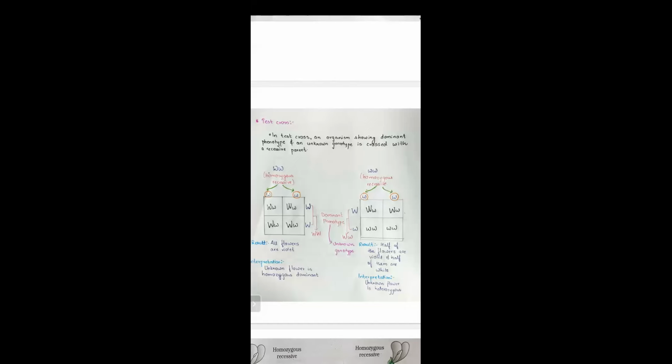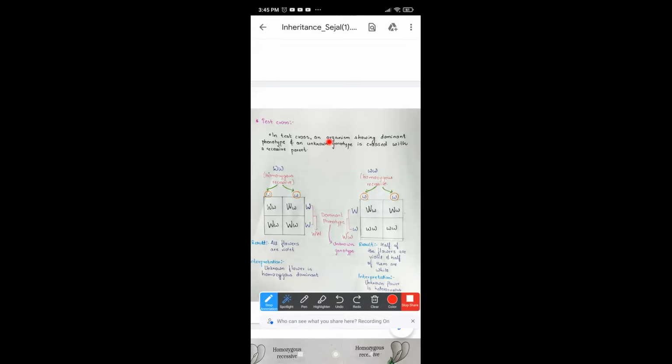Now we'll see test cross. In a test cross, an organism showing the dominant phenotype of an unknown genotype is crossed with a recessive parent. Here, basically, this statement means imagine a tall plant.